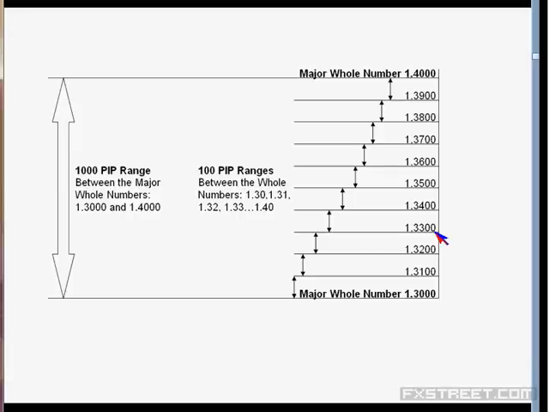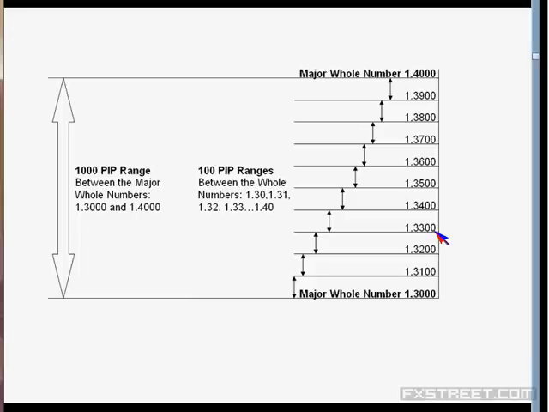The quarters theory recognizes that when represented in terms of pips, the distance of 10 cents, 10 pence, 10 centimes, 10 yen, and so forth, between each two major whole numbers establishes well-defined ranges of exactly 1,000 pips. Each one of these 1,000 pip ranges between two major whole numbers has 9 other whole numbers.